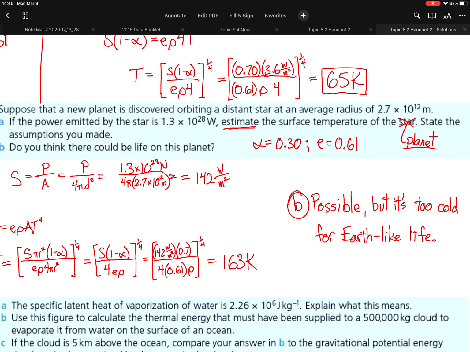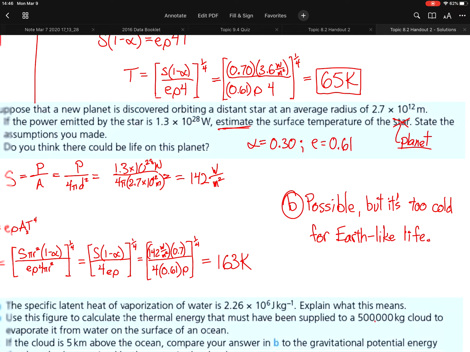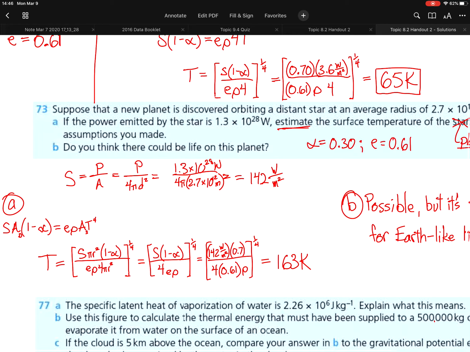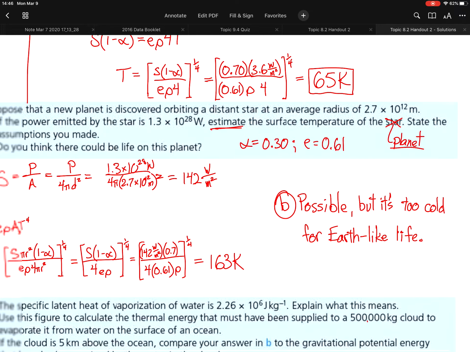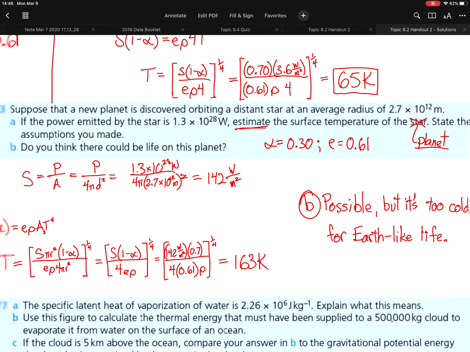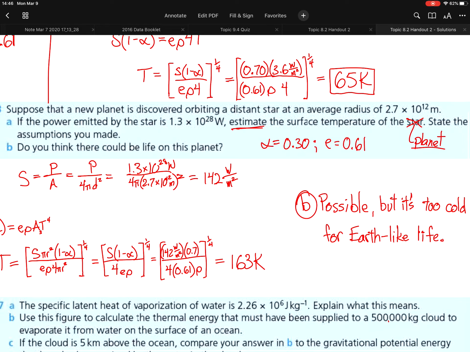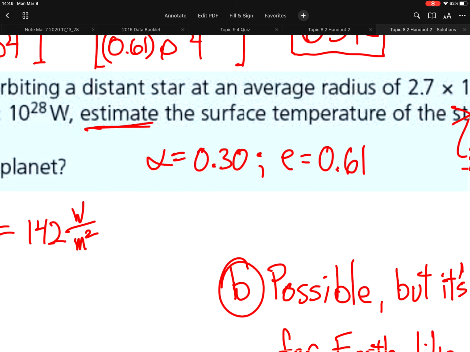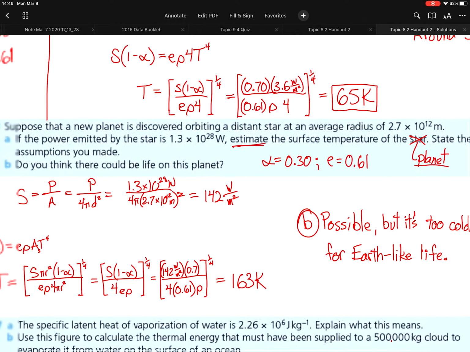That is a mistake in the text. Okay, so the assumptions that we're making here, again, are just that the emissivity and albedo would be similar to Earth. So these are my two assumptions right there.